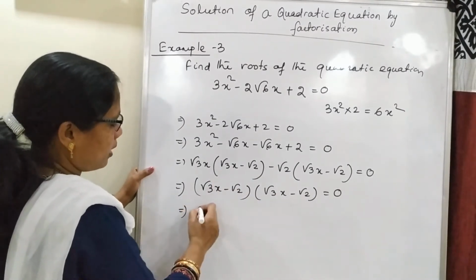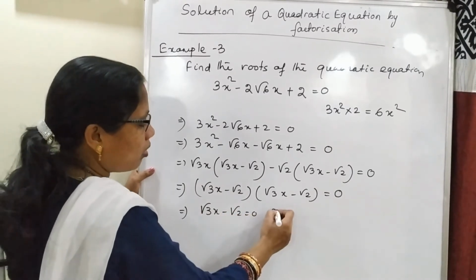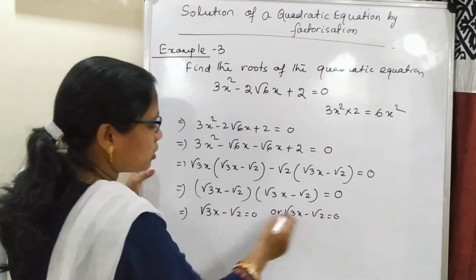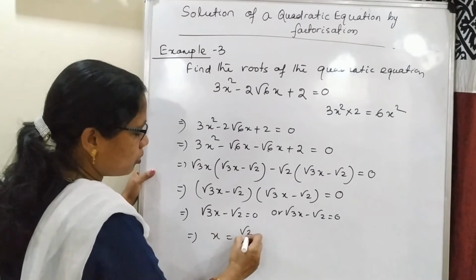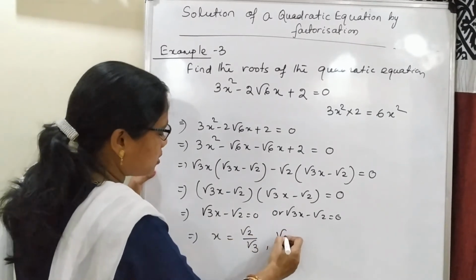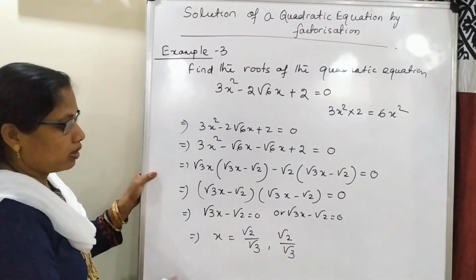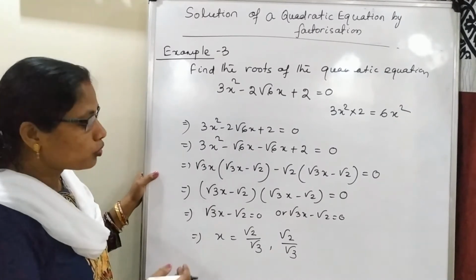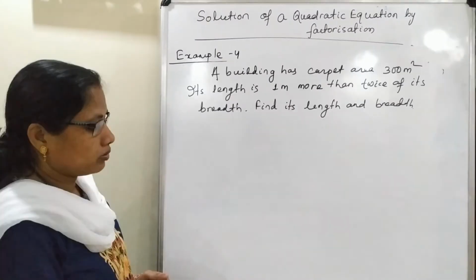So root 3x minus root 2 is equal to 0 or root 3x minus root 2 is equal to 0. So these are the same factors. So x is equal to root 2 by root 3. So this quadratic equation has two equal roots. These roots are equal. So we know that a quadratic equation has at most two roots. So here one root is there or the two roots are equal.